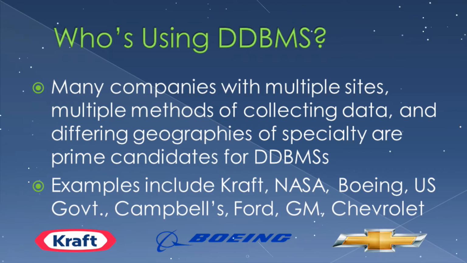When talking about these systems, you might ask, who's actually using these? Well, use of DDBMS might be more widespread than you imagine. Basically, any mid to large size company with multiple sites is a prime candidate for use of a DDBMS. This is because each site will be required to collect, view, and correlate data both individually and collectively with the organization.